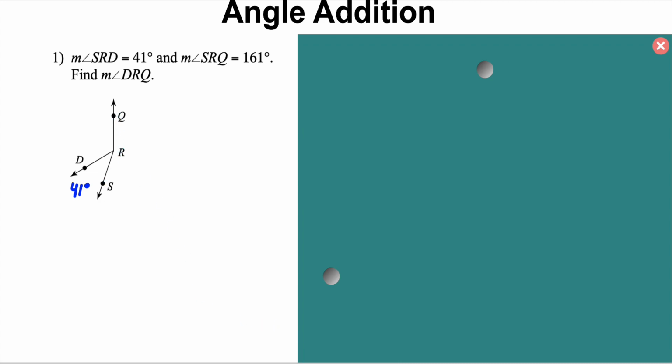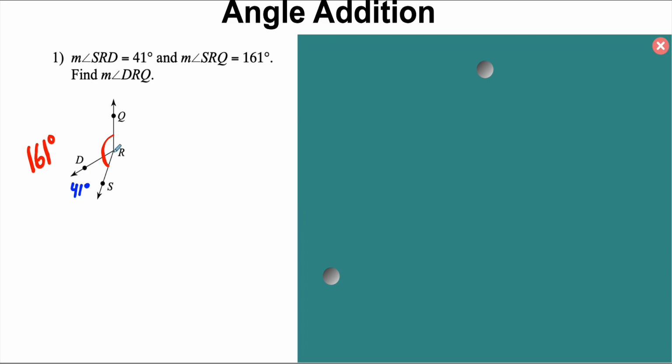SRQ, so that's the whole angle. That's from here all the way to here. Okay, so from here all the way to here. So this one I'm gonna write it down a little bit bigger so you can see that the whole angle is 161 degrees. Okay, now they're asking us find DRQ.